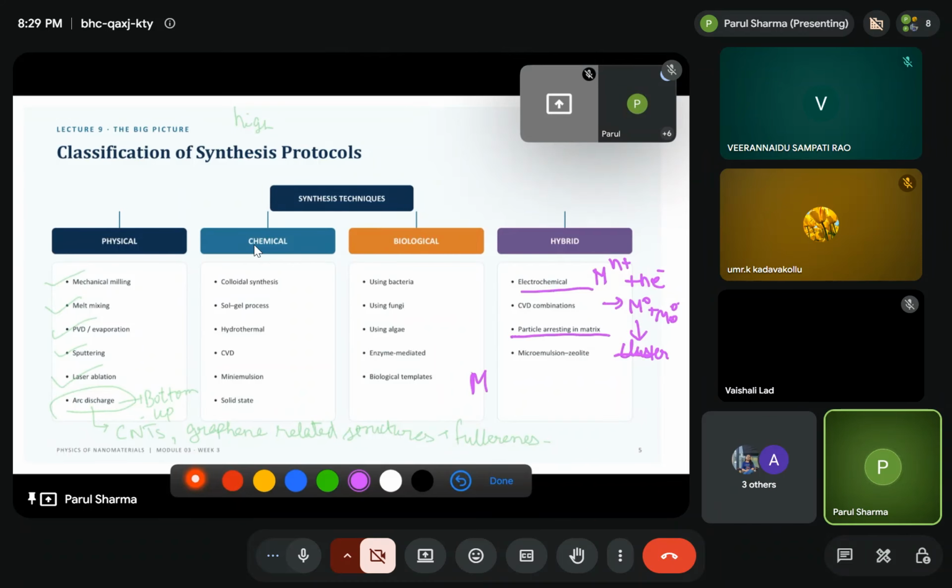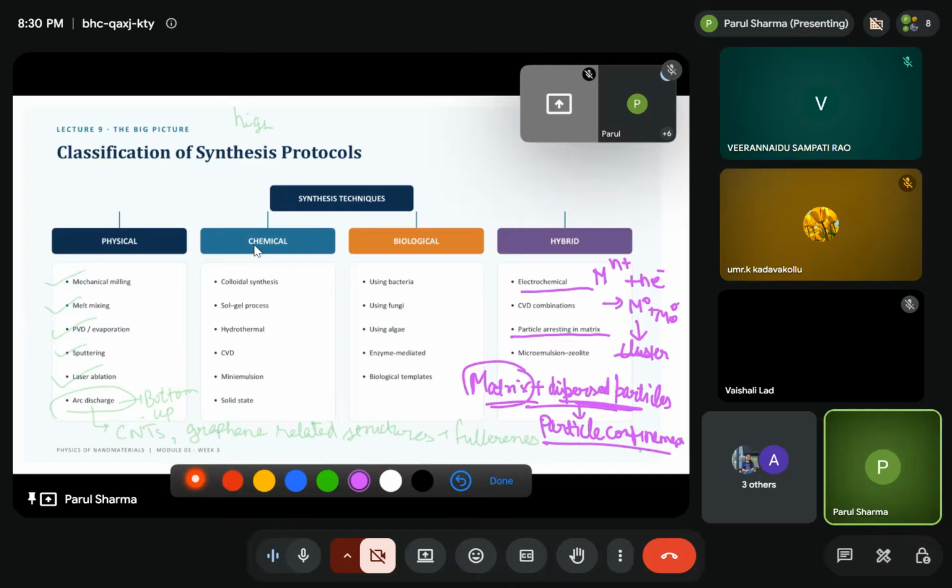We have a matrix where we will have the dispersed particles, then these particles will be confined in this matrix, this particle confinement, and with the particle confinement process we can get the nanocomposite.